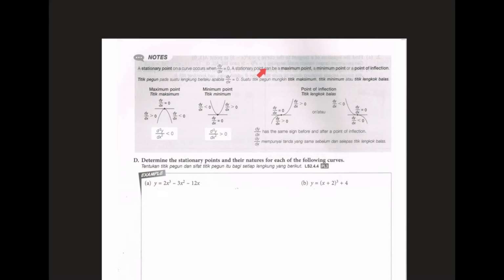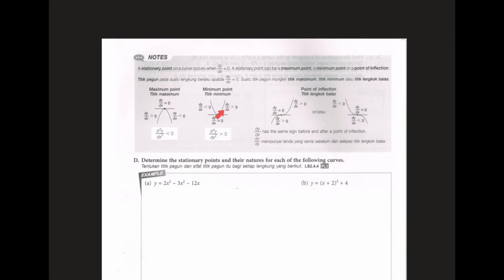A stationary point can be a maximum point, this one, a minimum point, this one, or a point of inflection, which is this and this. A point of inflection happens in a power 3 cubic equation. This one is more for power 2, quadratic.